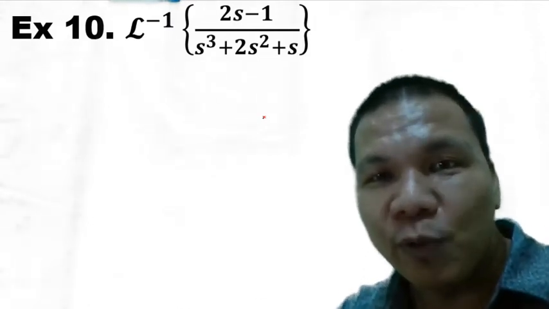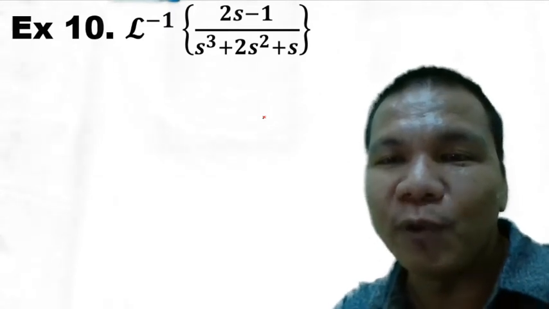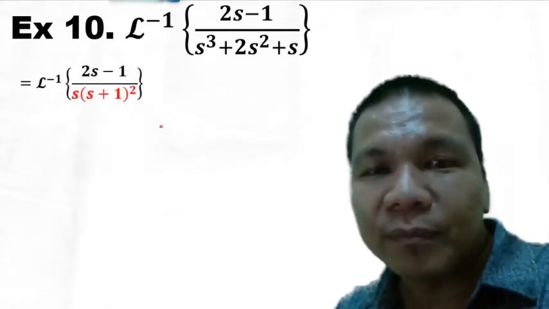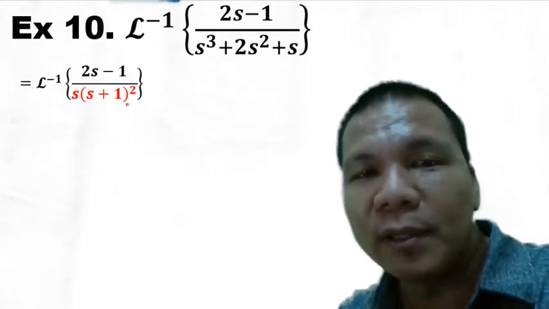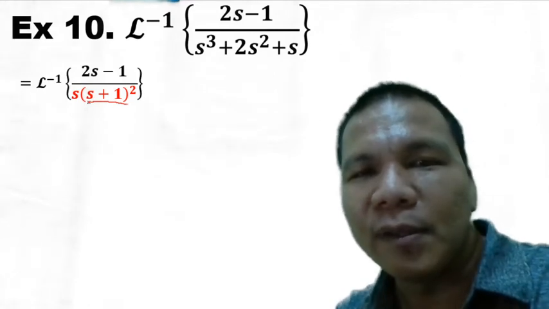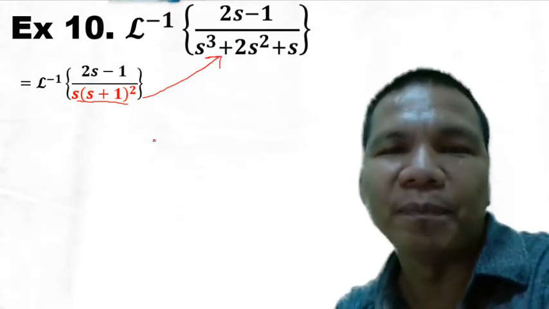And what is s squared plus 2s plus 1? That is a perfect square trinomial which leads to s plus 1 quantity squared. Take note, s plus 1 quantity squared multiplied by s will result in this trinomial.